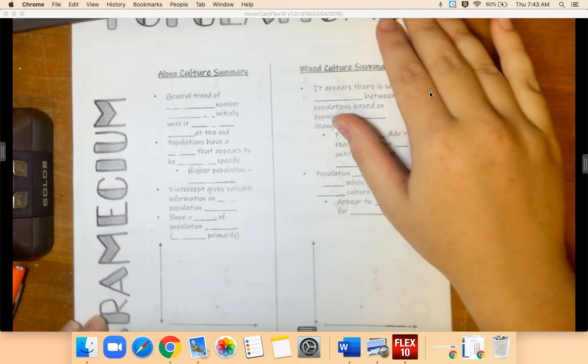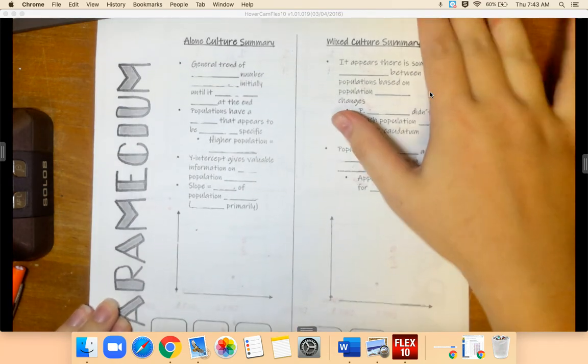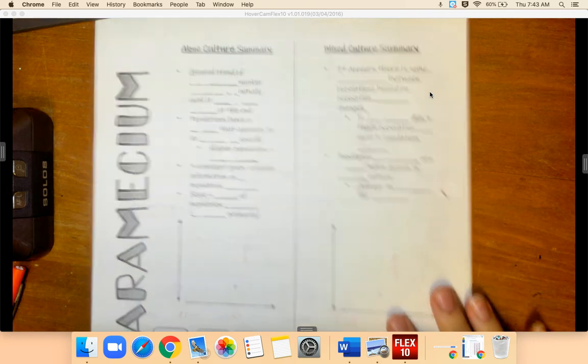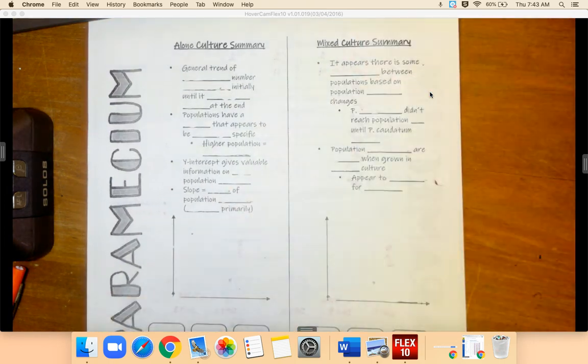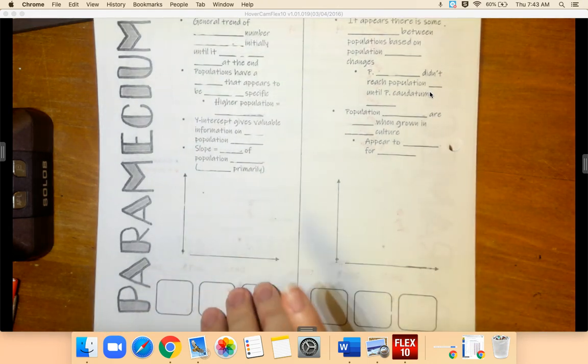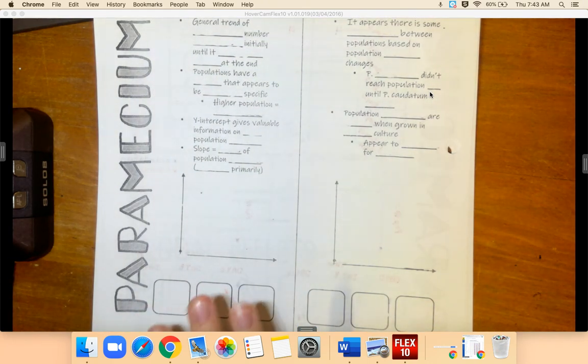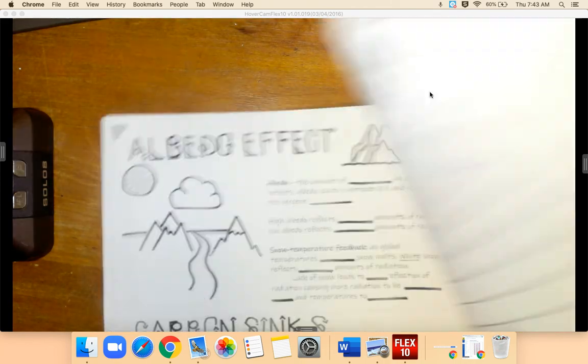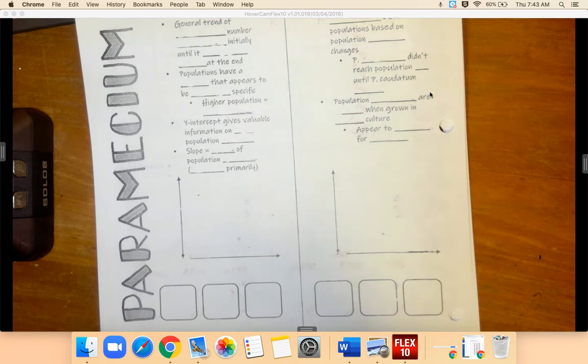And we're going to start the next thing. So down here, I'm going to go ahead and just roughly sketch what I saw for the PA culture.